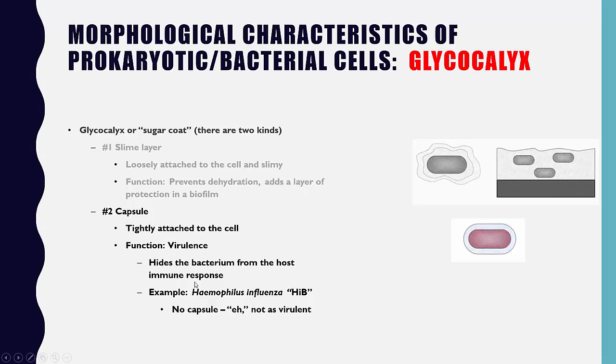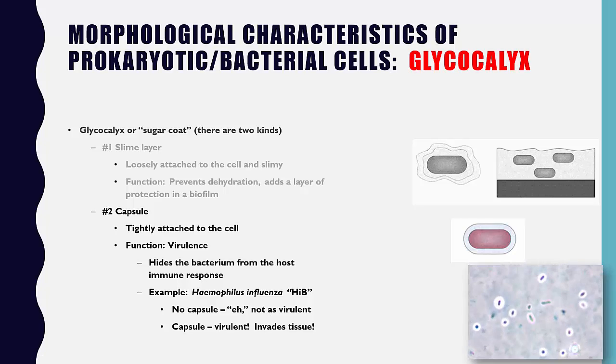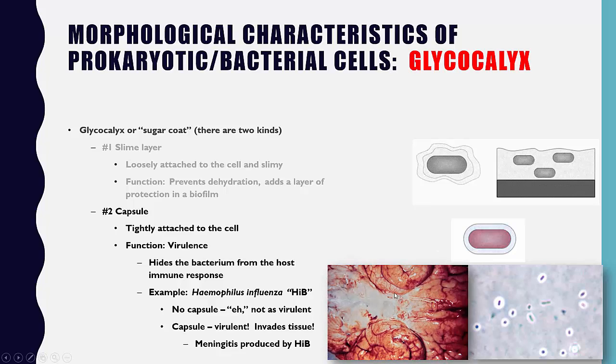So if Haemophilus influenzae doesn't have a capsule, it's not as virulent. If it has a capsule, very virulent. It invades tissue. One of the things that Haemophilus influenzae can do is cause something called meningitis. So it can get into the meningeal lining, that's the lining around the brain, right?